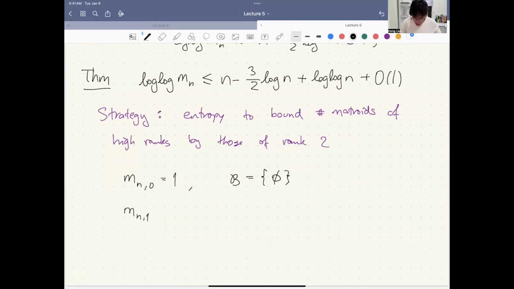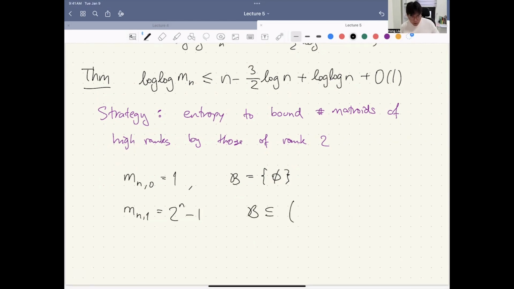What's Mn1? I claim that this equals 2 to the n minus 1. Because we have to choose B from non-empty subsets of singletons.